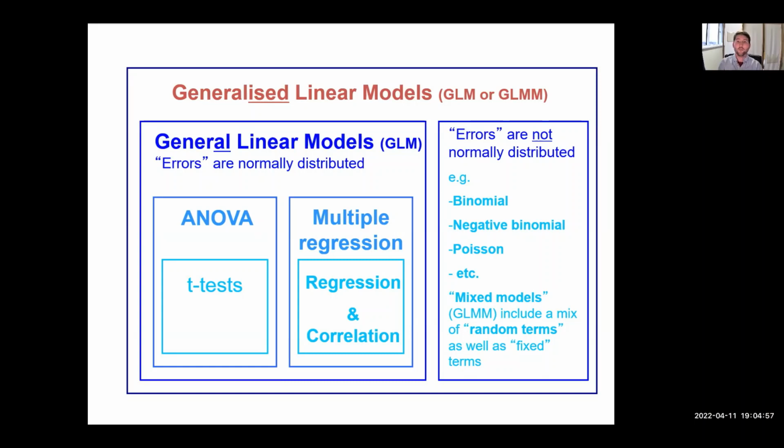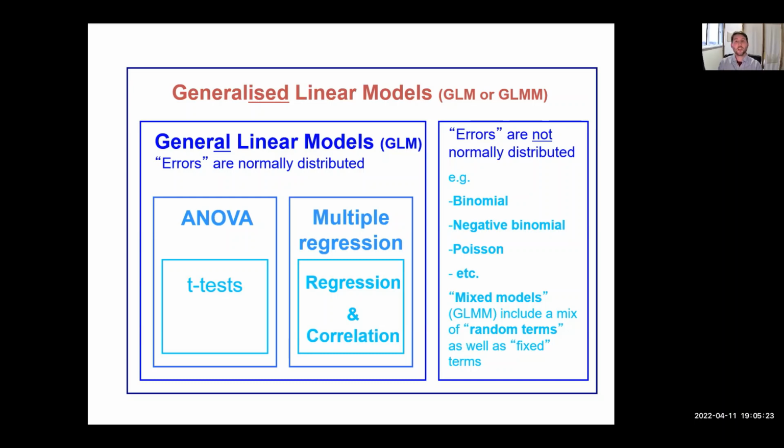And then many people will be used to analysis of variance, or ANOVAs, where you're trying to compare more than two groups of continuous data. We've also got regression and correlation, and the fact that two continuous variables can be associated with one another. And if you bring in more continuous variables, then you can have multiple regression.